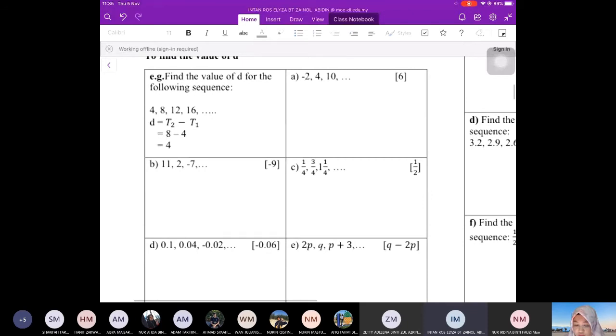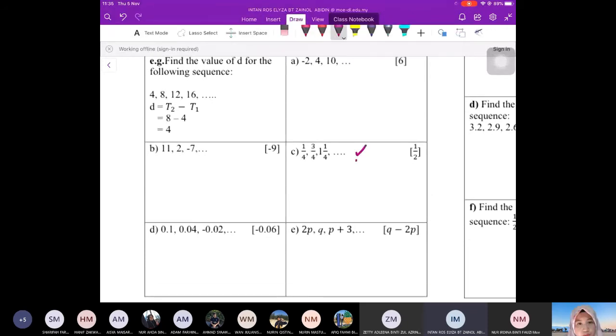Take for example question C, with fractions. You have T1, T2, T3. Since d, you can do either T2 minus T1 or T3 minus T2. But which one is simpler?